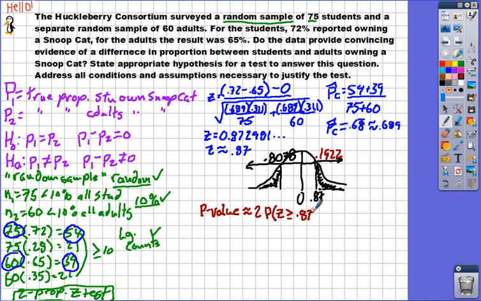That's the z value we checked right there. That's the probability that it's there. So we found that probability right here. But really, we're looking for it to be greater than that. So we're looking for that guy, which is why we're doing 2 times 0.1922. When we do that, we get our p-value at approximately 0.3827.